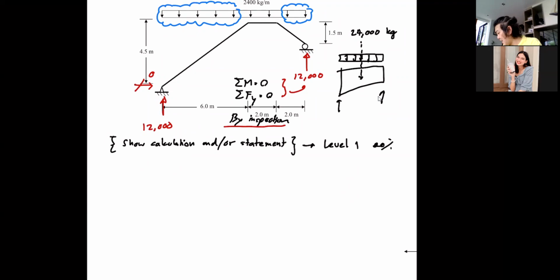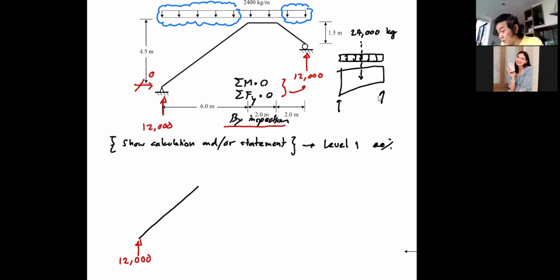Okay, the next step, we will try to complete our free body diagram. So let's go to the first piece. Now I have the force here, which I already know from my calculation of the reaction, that is going to be 12,000.